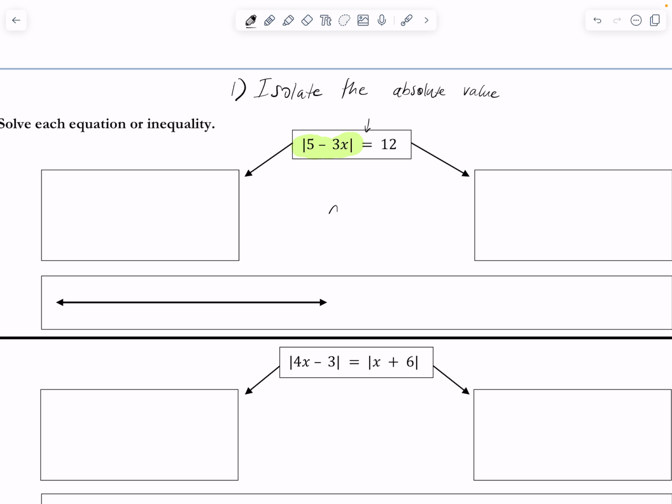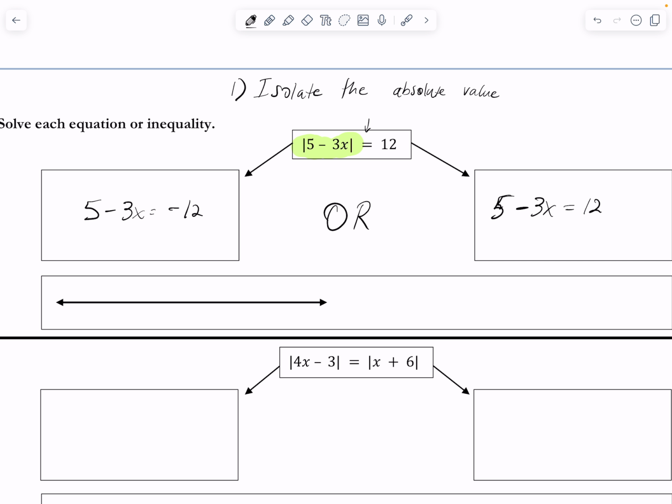When it's equal, I'm going to put a big or. On the right-hand side, I'm going to put 5 minus 3x equals positive 12. And on the left-hand side, I'm going to put 5 minus 3x equals negative 12. You'll notice I have essentially the same thing on the left side, nothing changed there, but on the other side, one is equal to a positive and one is equal to a negative.